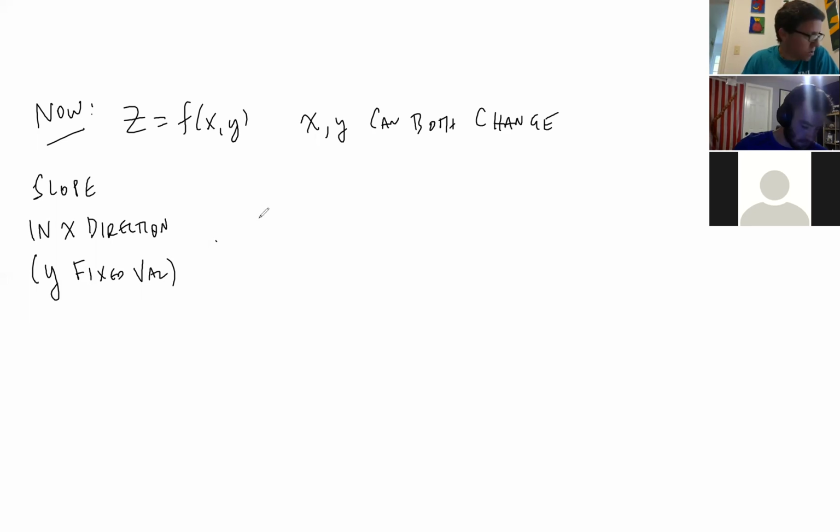Okay, let's do this. So the slope in the x direction, that means I want to do something like this. It's the same thing, the rise over the run, except only x will get an h on it. y is fixed. So it'll be f of (x plus h, y) minus f of (x, y). So it'll be like the rise.